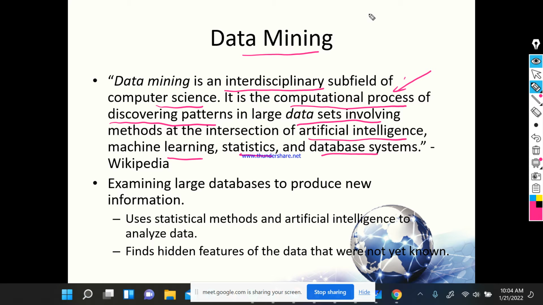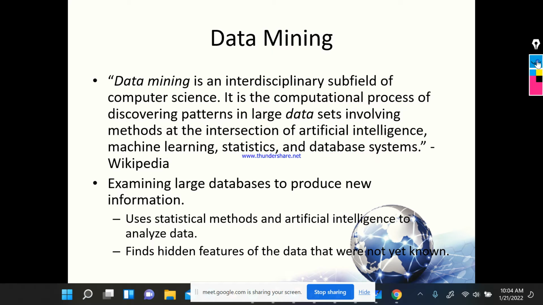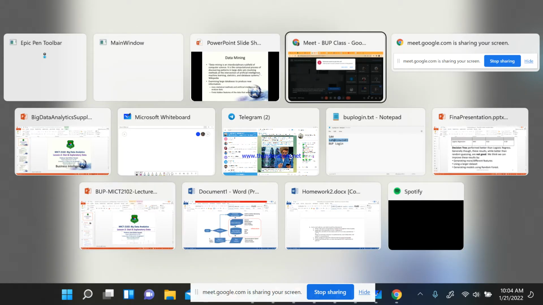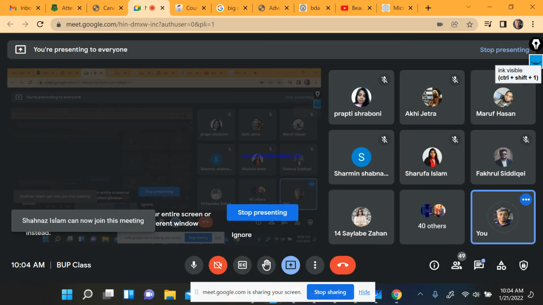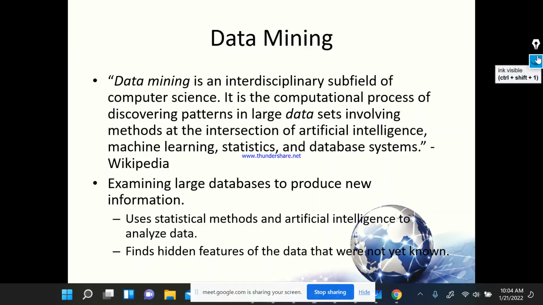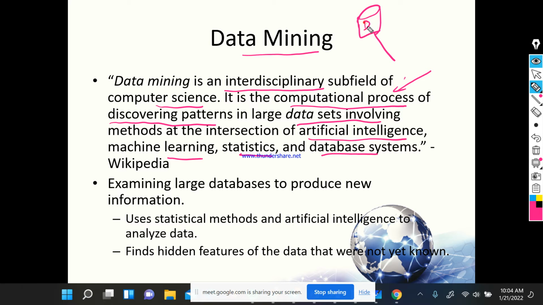So practically we have four things here. One is the database, and then we have AI, machine learning (ML), and statistics.